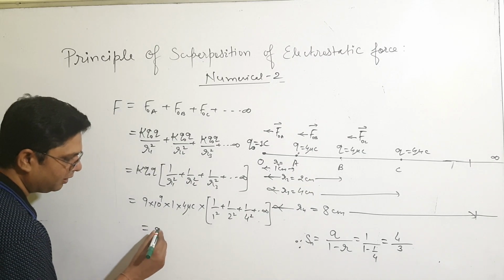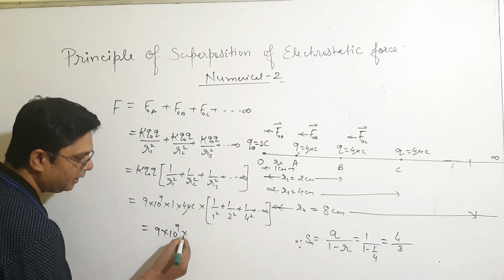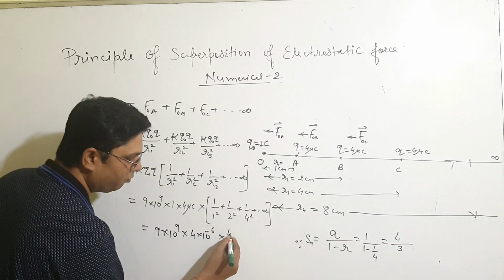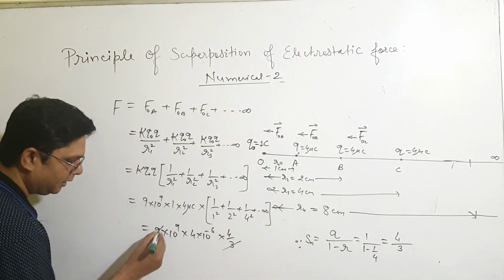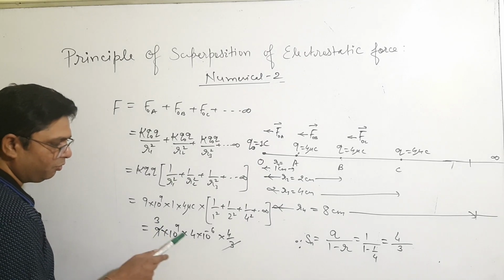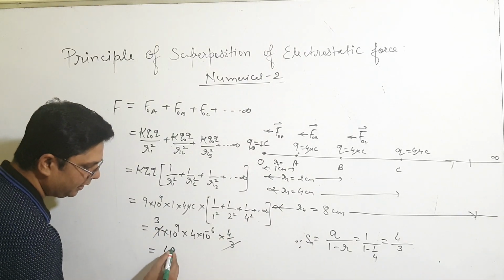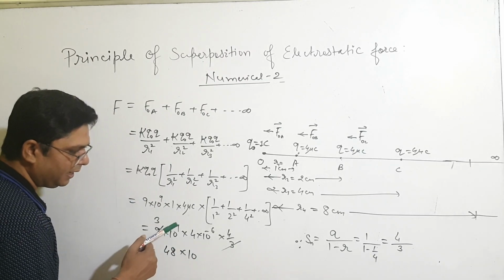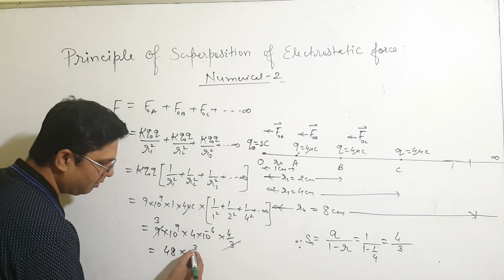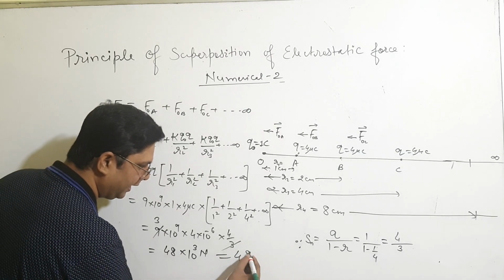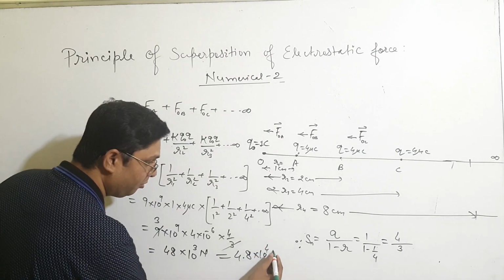So you have 9 into 10 to the power 9 into 4 into 10 to the power minus 6 into 4 upon 3. Cancel this. You have 3. 3 into 4, 12, 12 into 4, 48. You have 48 here. 10 to the power 9, 10 to the power minus 6 is 10 to the power 3 Newton, which you can write as 4.8 into 10 to the power 4 Newton.